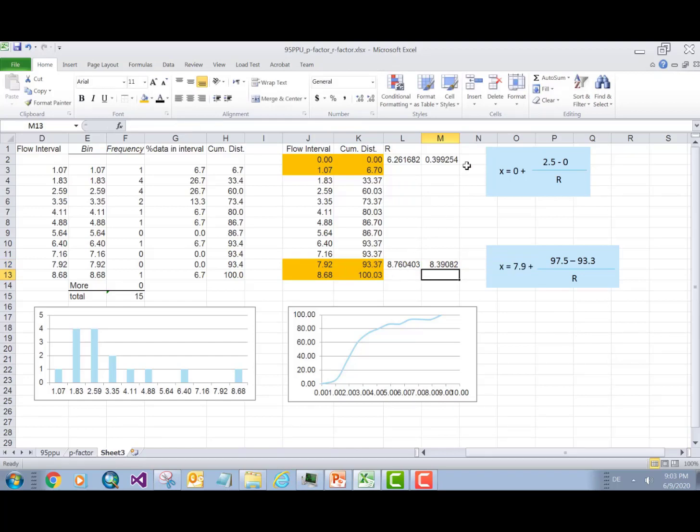Alright, so this is my lower 95 PPU and the upper 95 PPU. So the distance from here to here would be my 95 PPU for this data point.